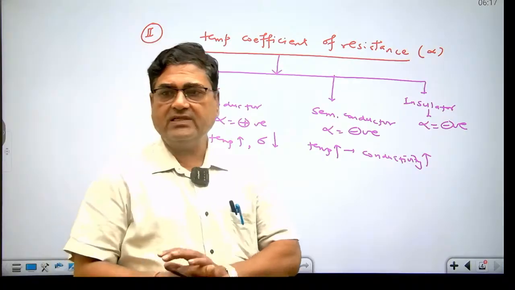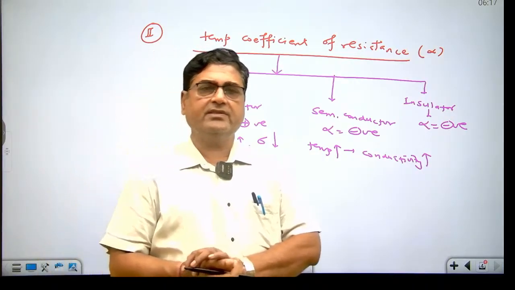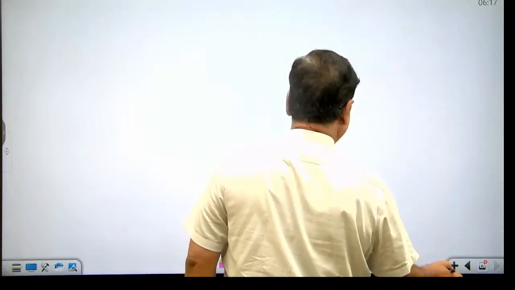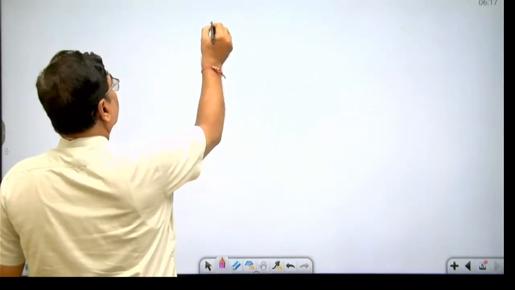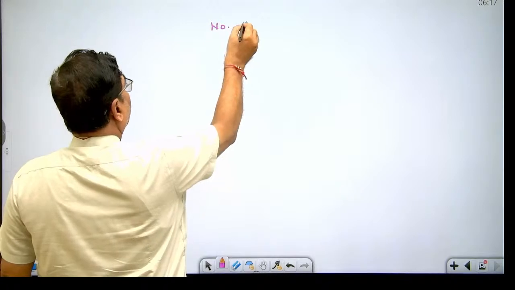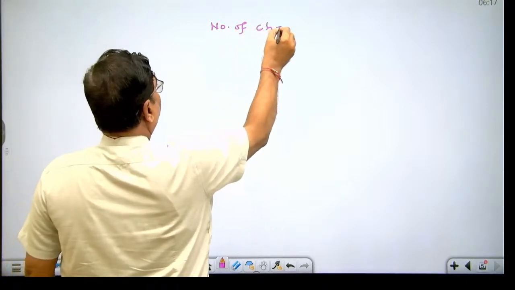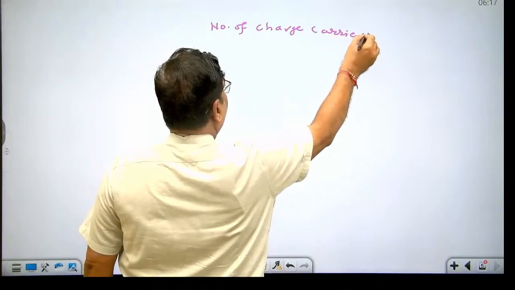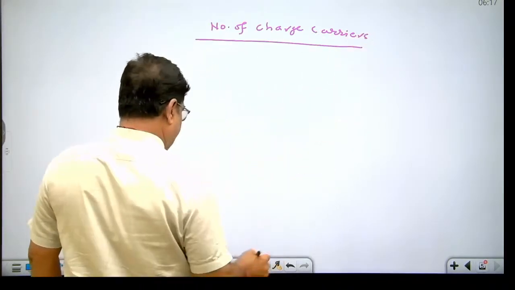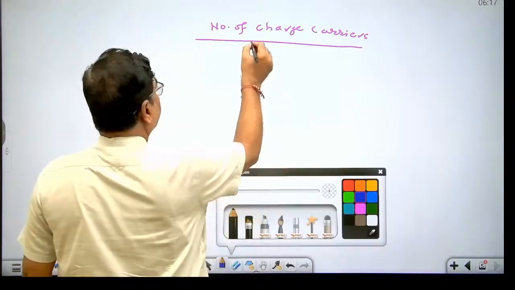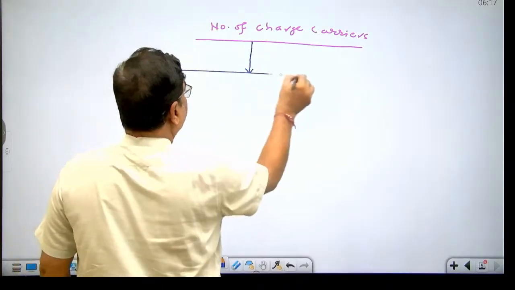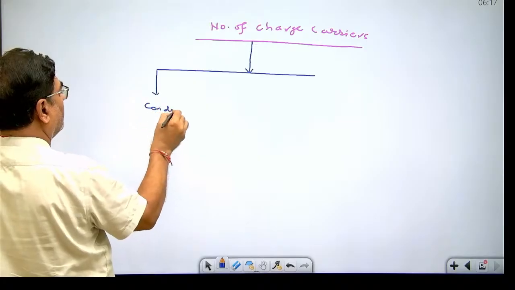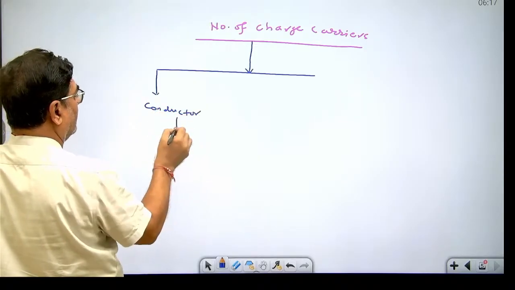Now, dear student, we are classifying again on the third criteria, that is number of free charge carriers. The charge carriers in case of conductor are electrons.